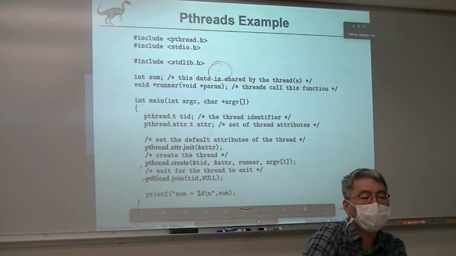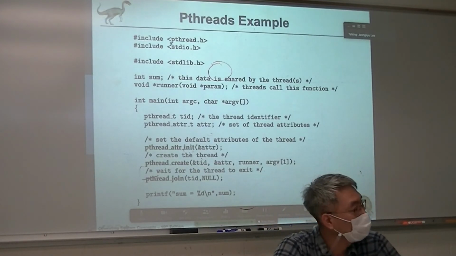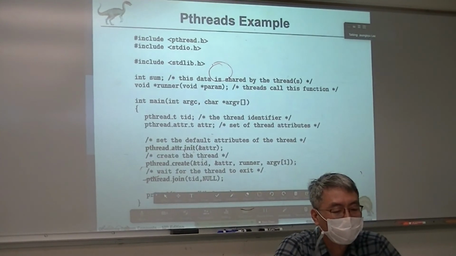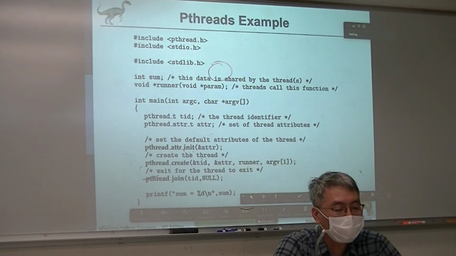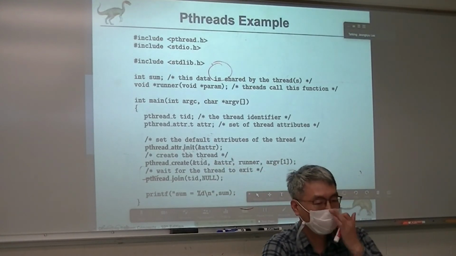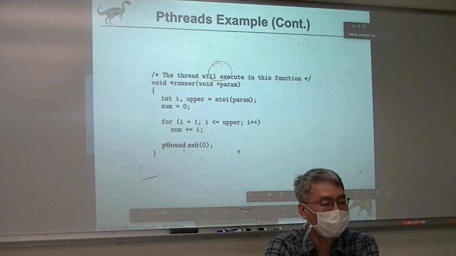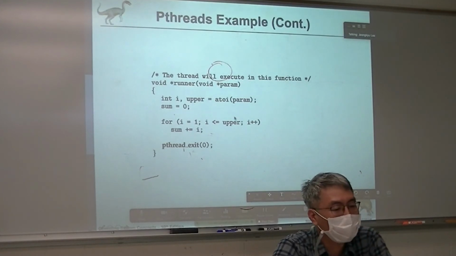So this is an example of the POSIX thread. You need to include the header in C or C++ programming. This is our thread programming part, which means I'd like to sum.